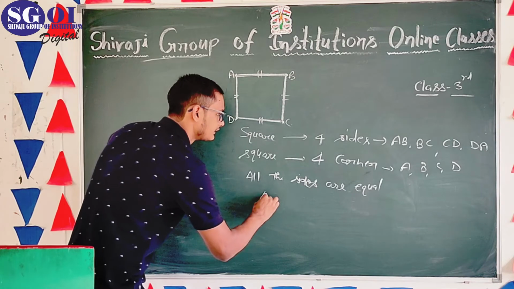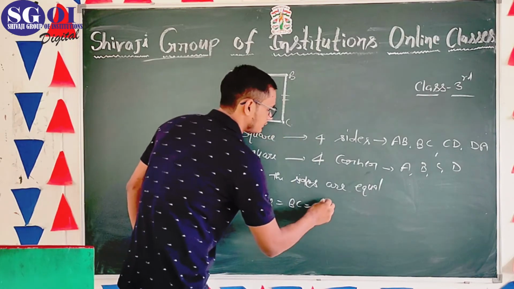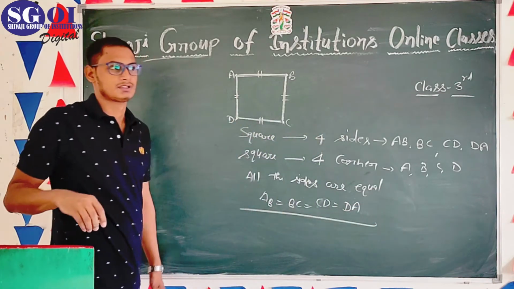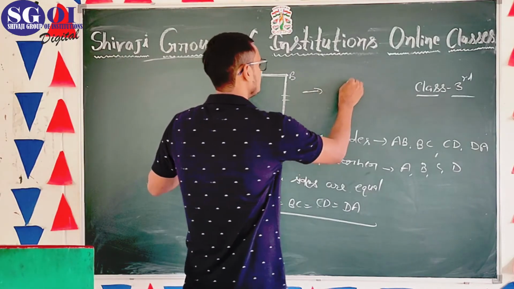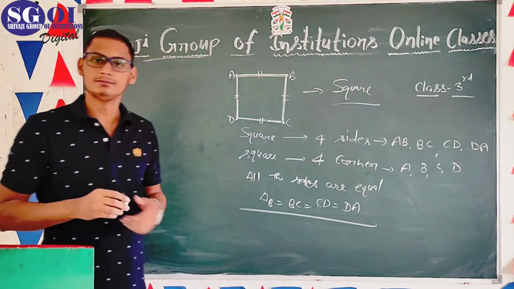Understood? It means AB is equal to BC is equal to CD is equal to DA. These are the properties of this shape, and this is called a square. Understood?